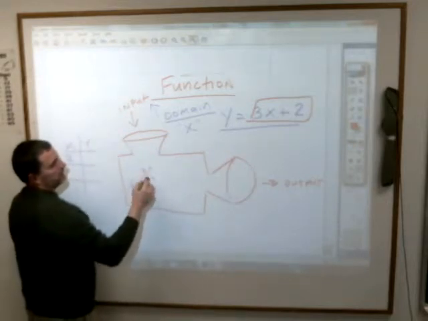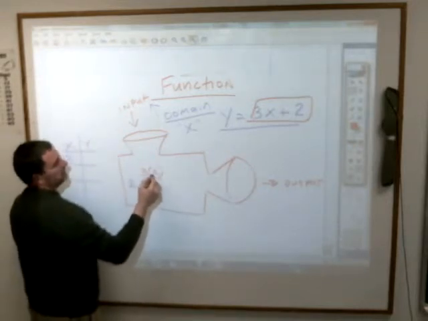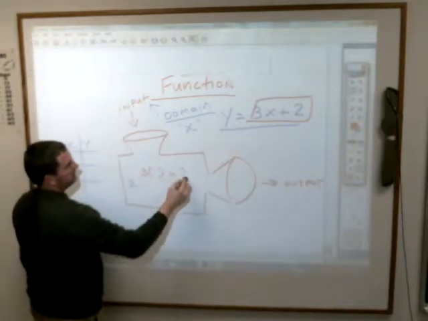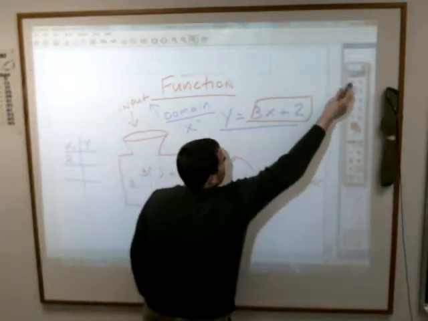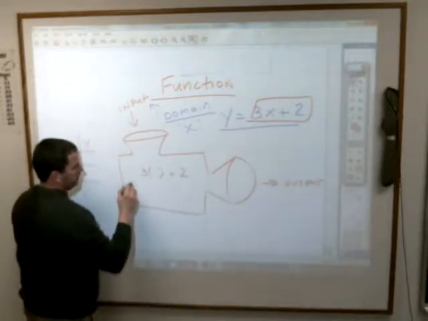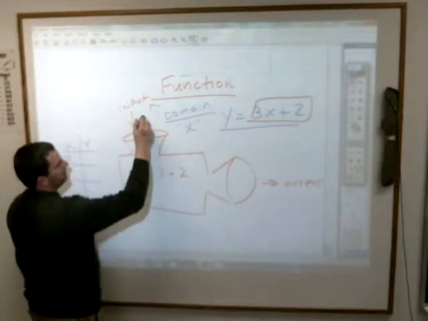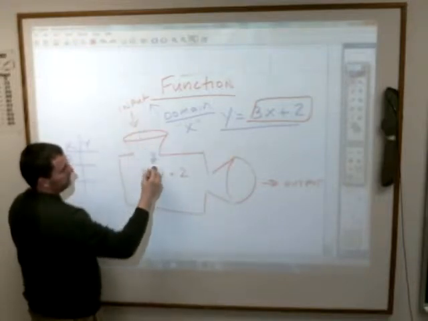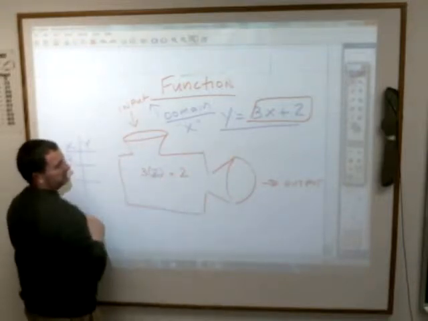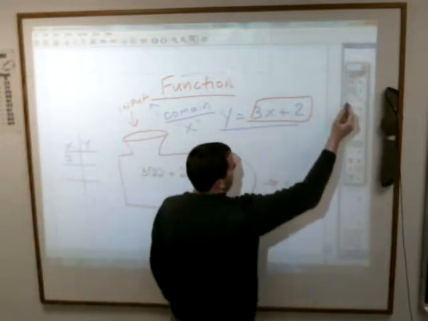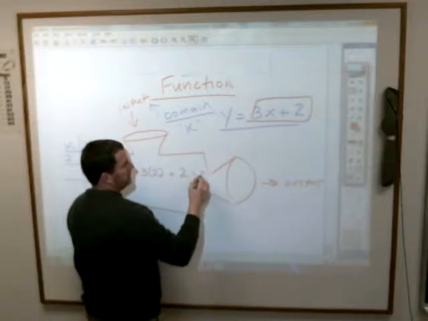It goes 3 times 2, because that's what I stuck in there. Actually, I should do it like this. 3 times 2. Here's the magic of the board. Let's go back up here, sorry. The 2 started up here, it gets dropped in the spot where the letter X is. 3 times 2 is 6 plus 2 is 8. And that's what ends up coming out.